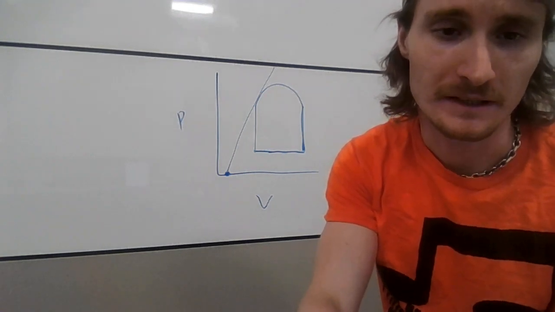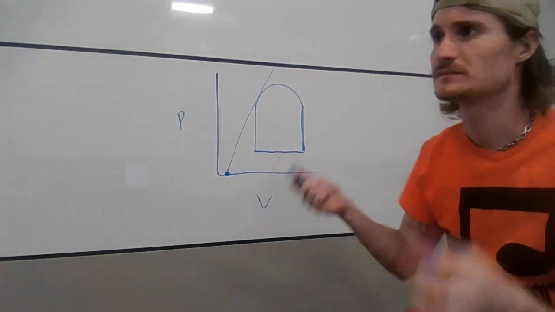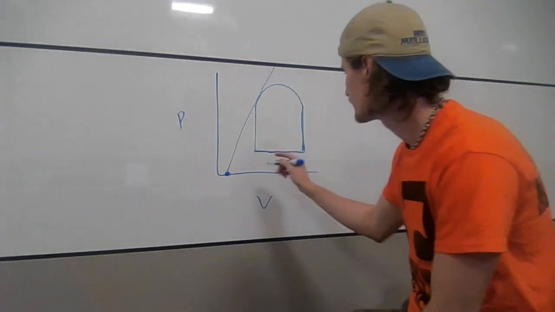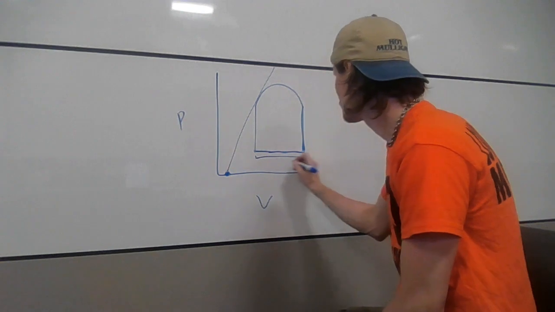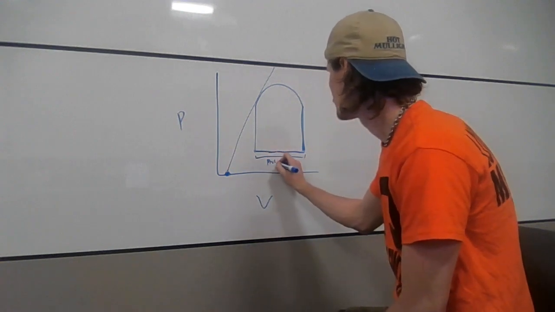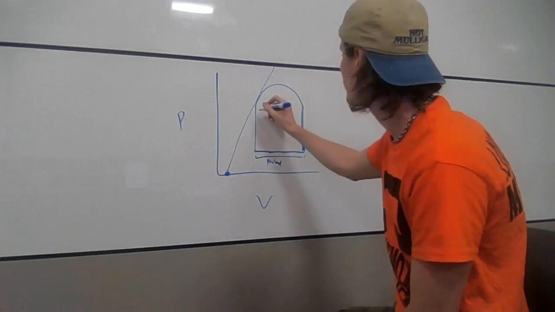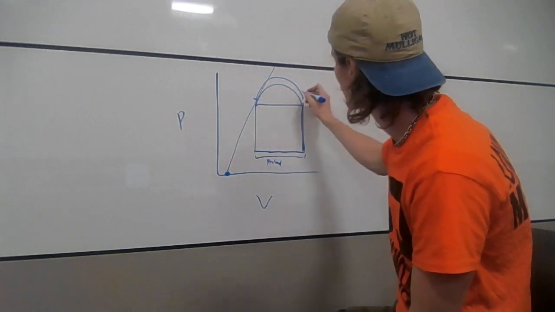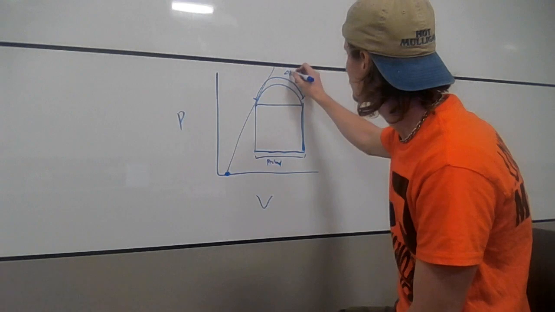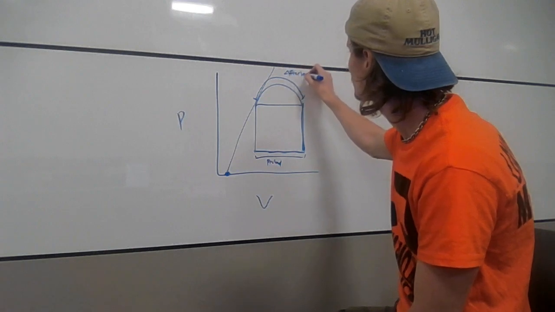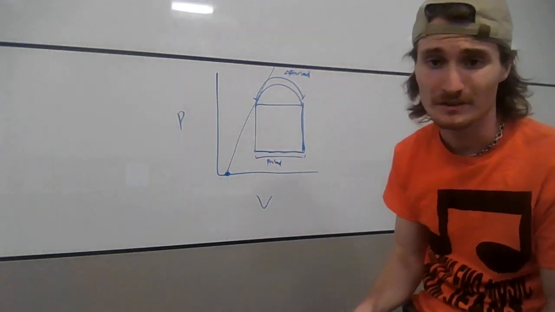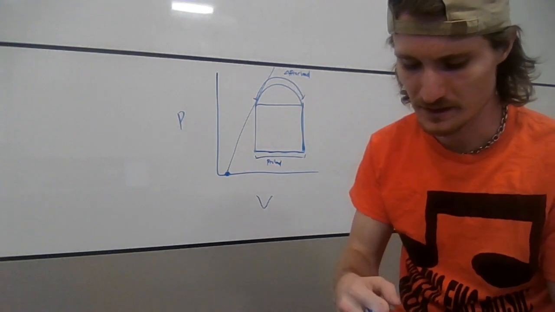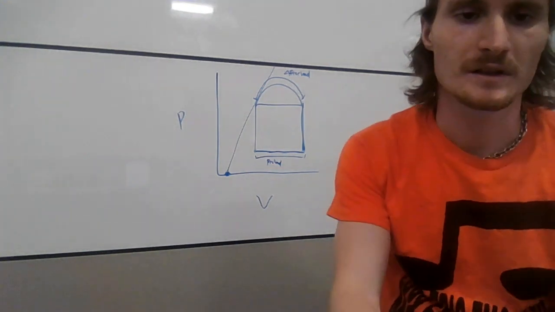There are two things that are really important: we have preload, and we also have afterload, which is really above the preload. You can increase both of those things, but increasing them will do different things.